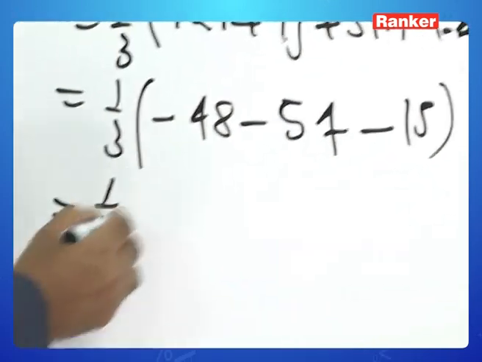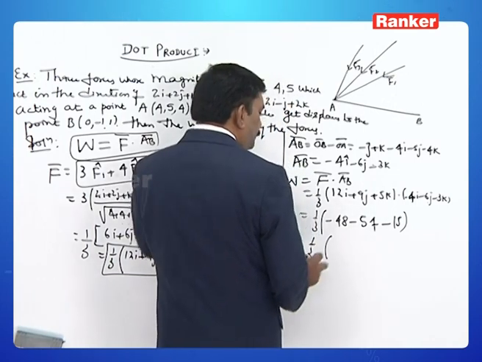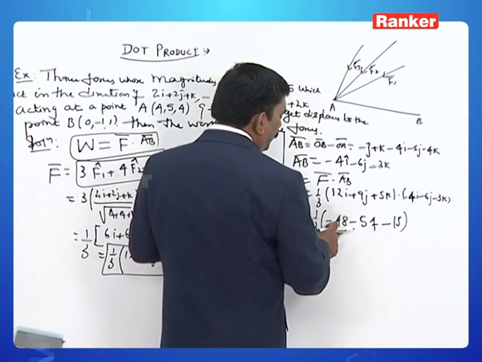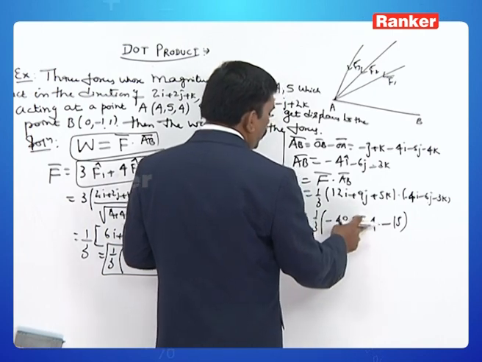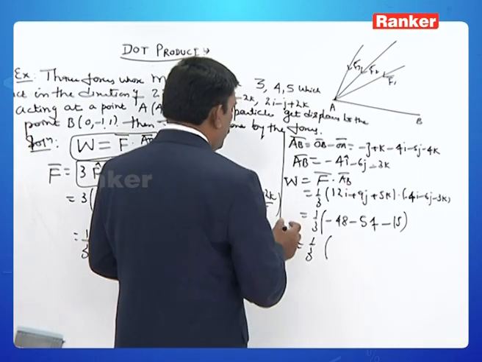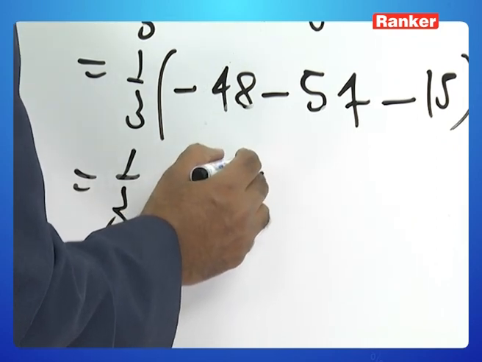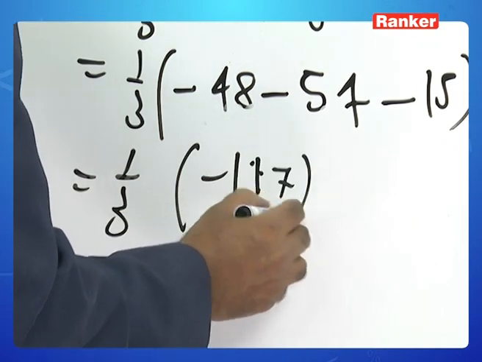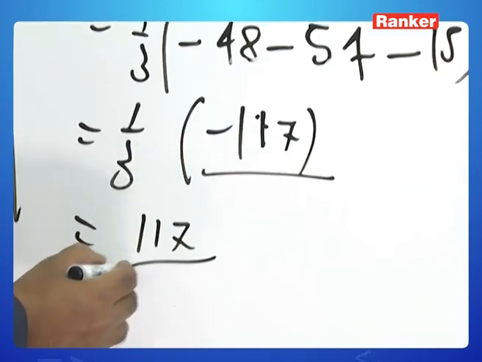Add up: 1 by 3 into 48 plus 54 is 102, plus 15, 117. So therefore, this is nothing but 117 by 3.